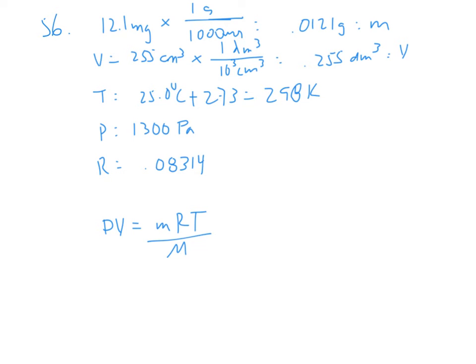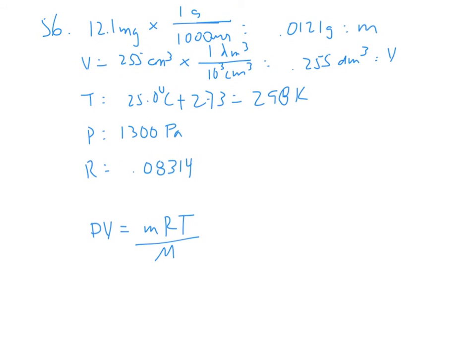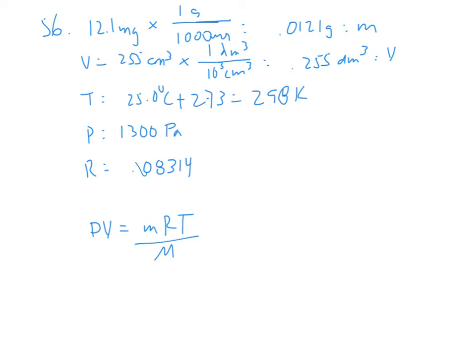And my R value, I'm going to change this here because the R value depends on your volume and your pressure unit when we look at them metrically. So 8.314 can represent either liters and kilopascals, and I've got liters but pascals, or it can represent meters cubed and pascals.